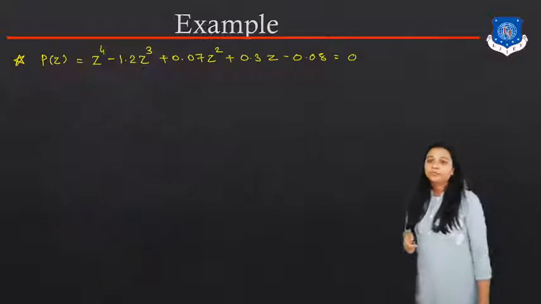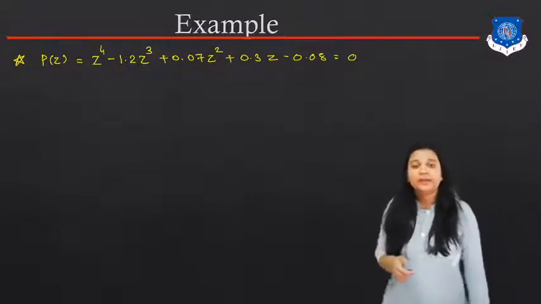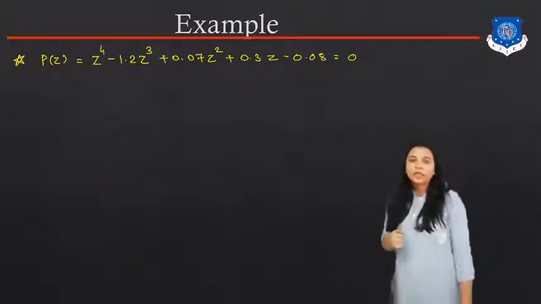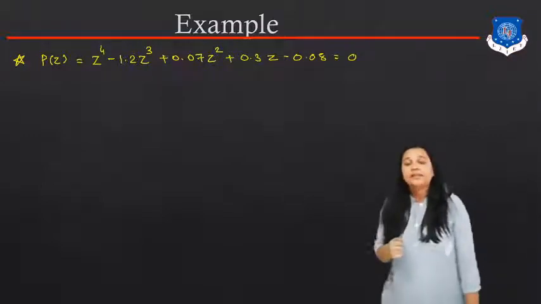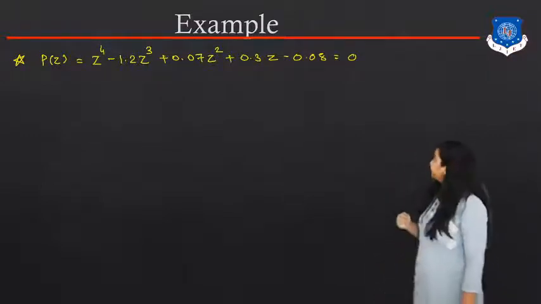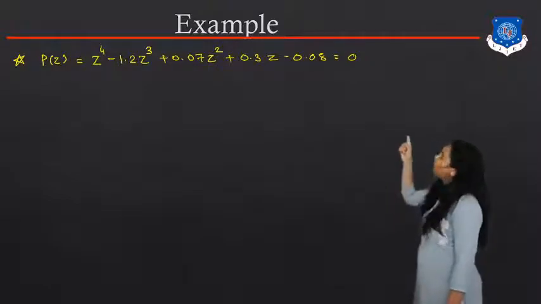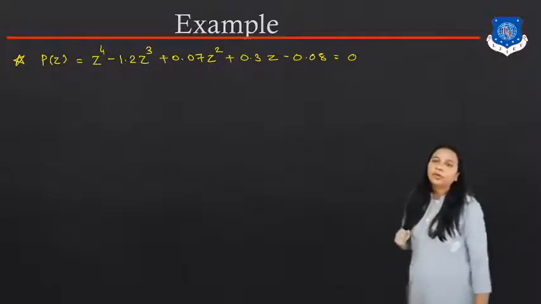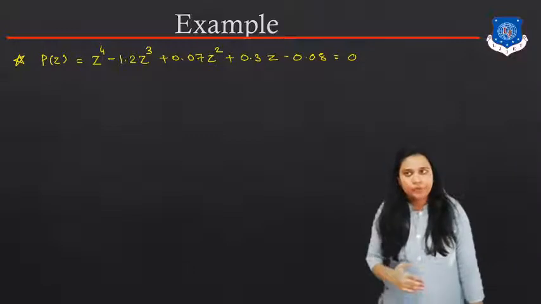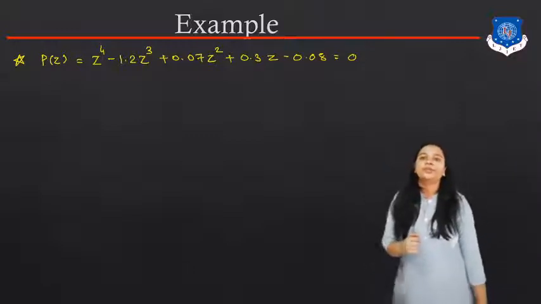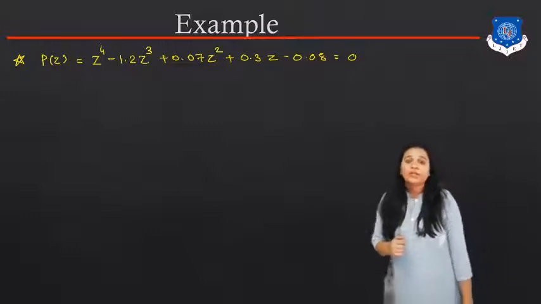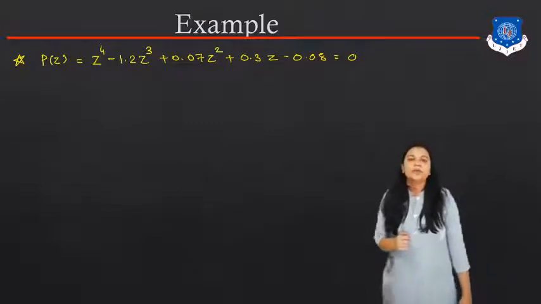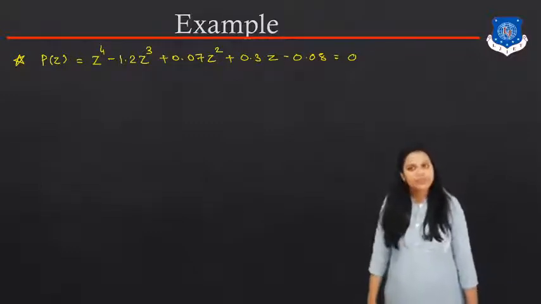Okay. Now, how is this Jury stability test applicable for a particular characteristic equation? So here the characteristic equation is given, P of z that is equal to z raised to 4 minus 1.2 z cube plus 0.07 z square plus 0.3 z minus 0.08 that is equal to 0.